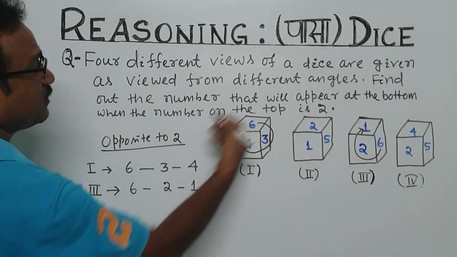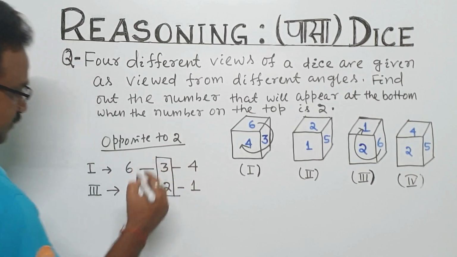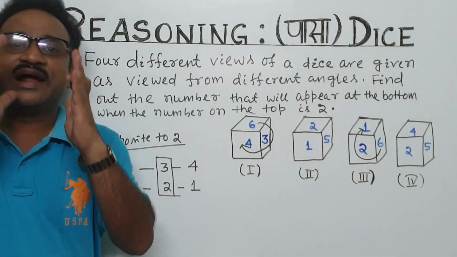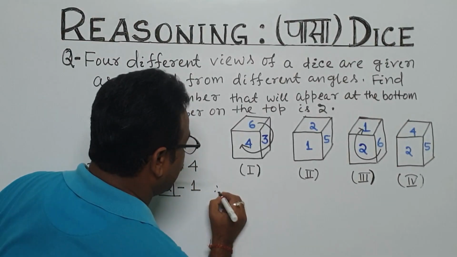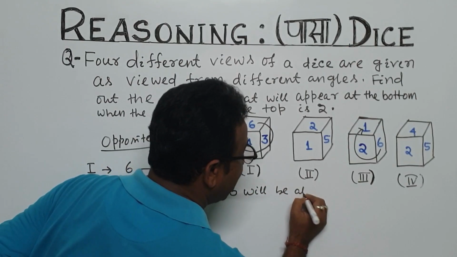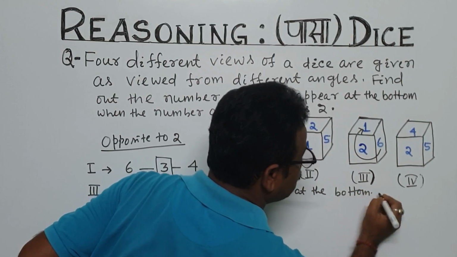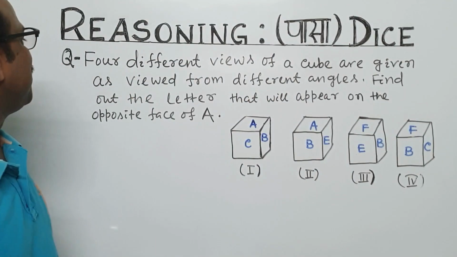So here 2 is at the top. So what will be at the bottom? Obviously when 2 is at the top, 3 will be at the bottom. So therefore 3 will be at the bottom. So this is your answer. So now move on to the next example.